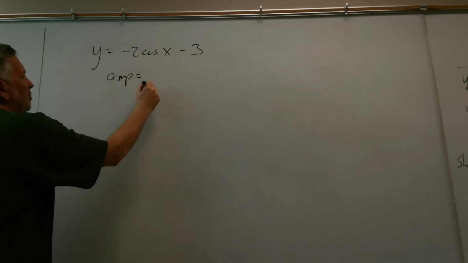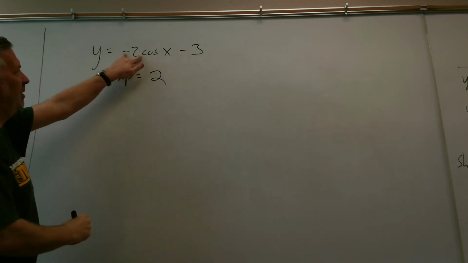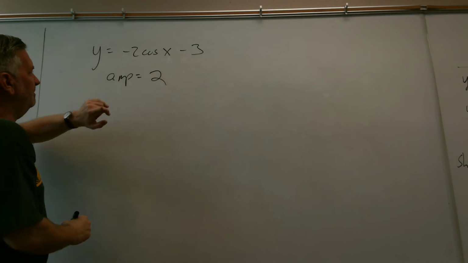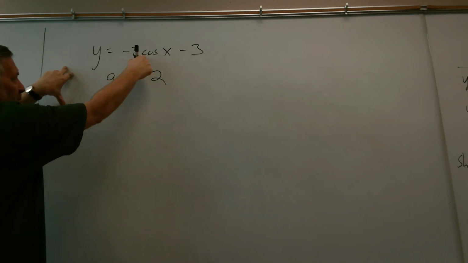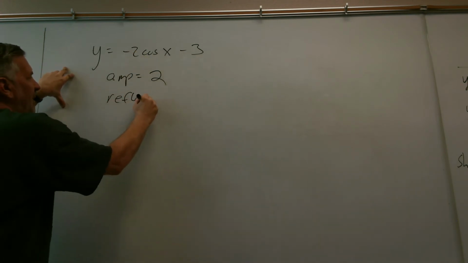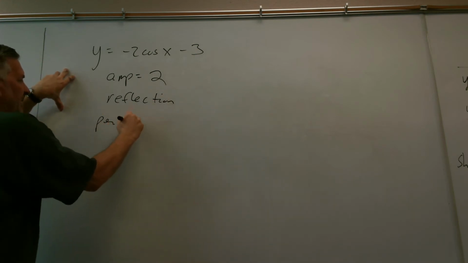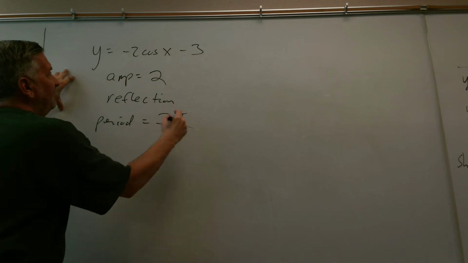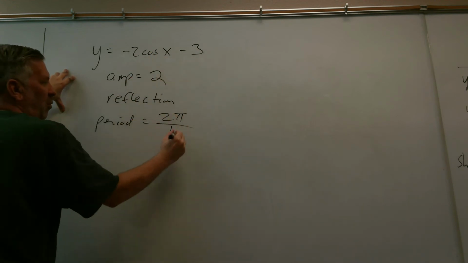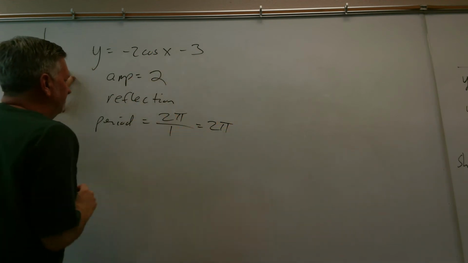So the amplitude is 2, the absolute value of the coefficient of cosine. There is a negative being multiplied, so that's a reflection about the x-axis. Notice the period here is 2 pi divided by the coefficient of x, which is 1, so that's just 2 pi.